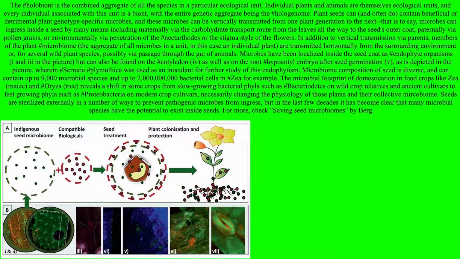Seeds are sterilized externally in a number of ways to prevent pathogenic microbes from ingress. But in the last few decades, it has become clear that many microbial species have the potential to exist inside seeds. For more, check the title of this research report, which is Saving Seed Microbiomes by Berg.